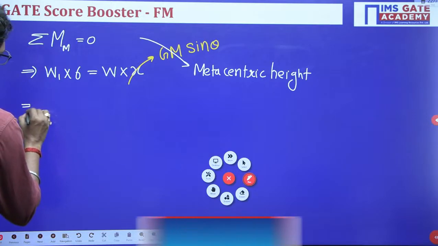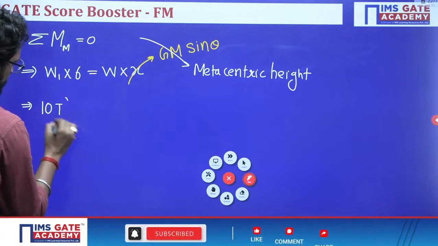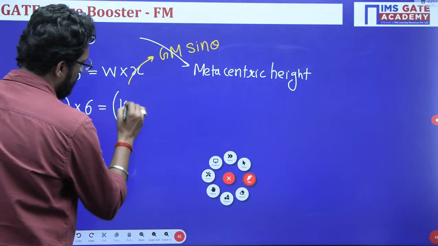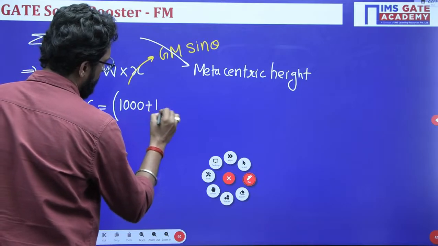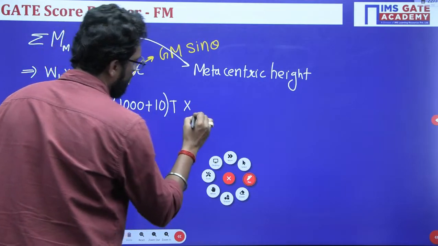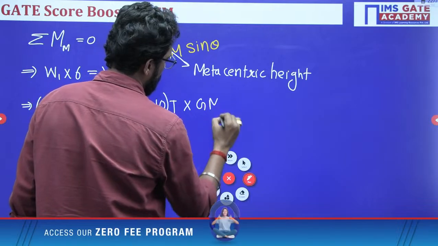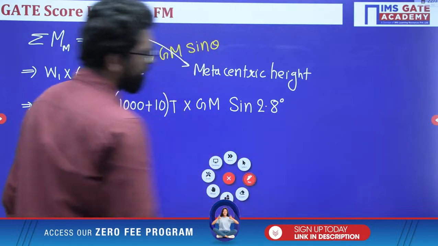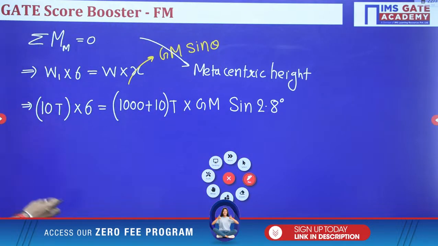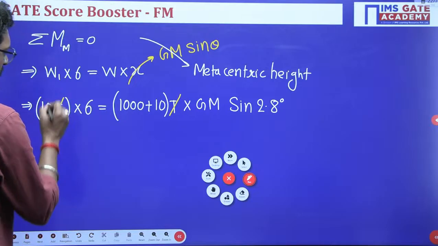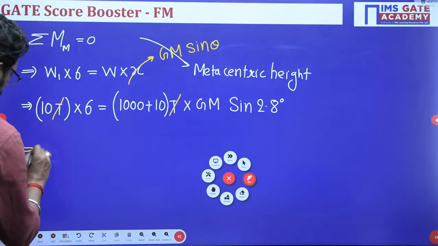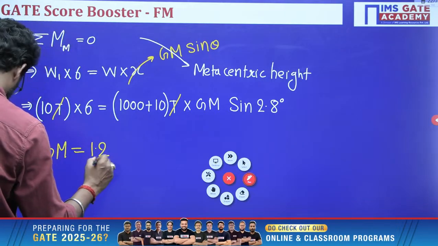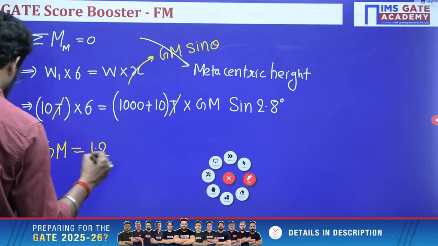Now, what is W1? 10 ton into 6 meter equals 1000 plus 10 ton into GM sin 2.8 degree. The ton is cancelled. From here we can easily find GM, and this GM is equal to 1.2 meter.